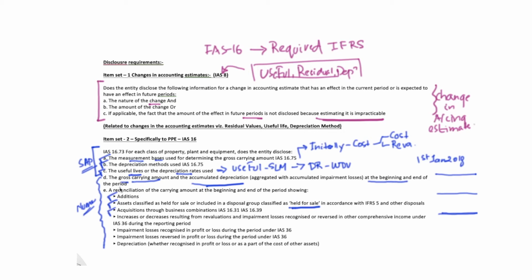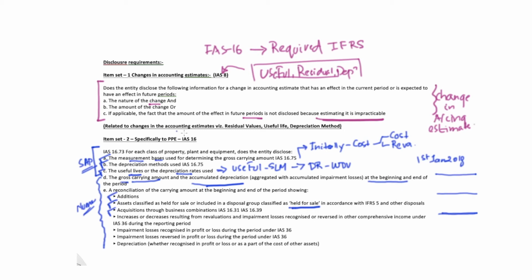Here I mentioned earlier acquisitions in respect of business combinations. Because we don't do business combinations every day, this is a special nature of transaction, and hence the entity should provide these disclosures.